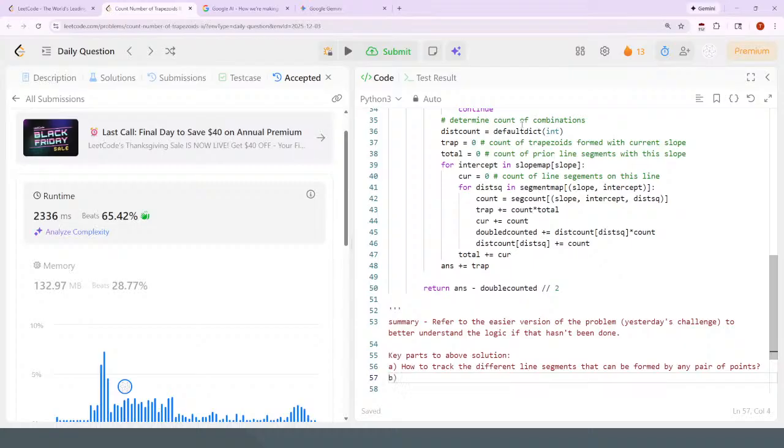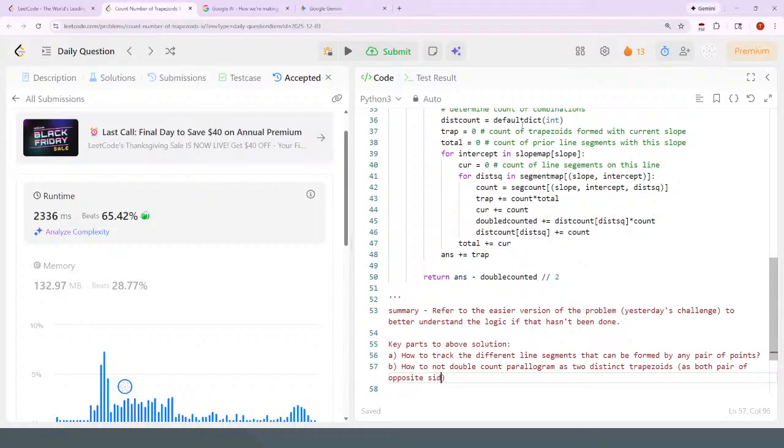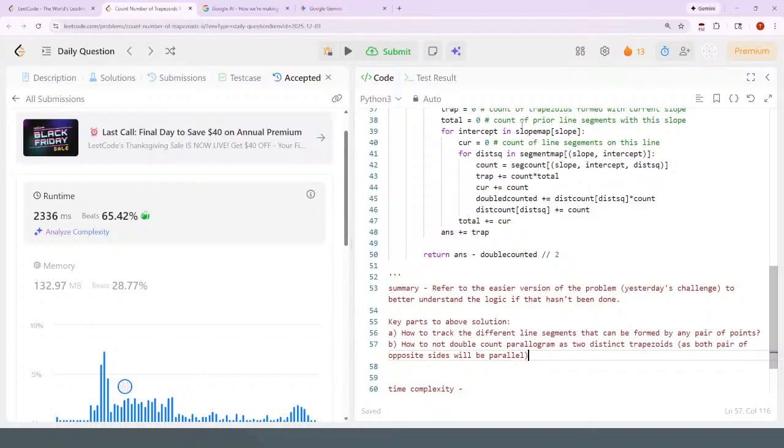And part B is how to not double count parallelograms as two distinct trapezoids, as both pairs of opposite sides will be parallel. And really, this second part is what is the main issue.